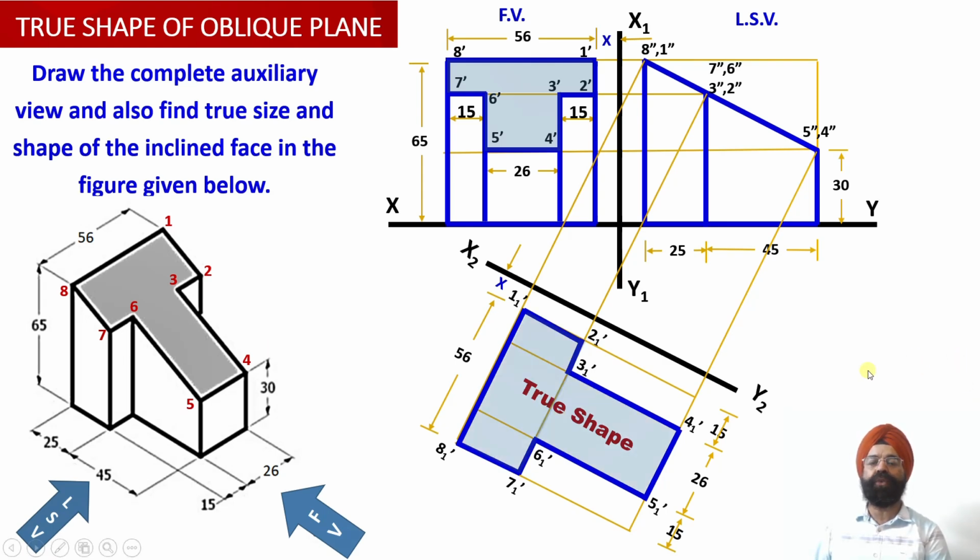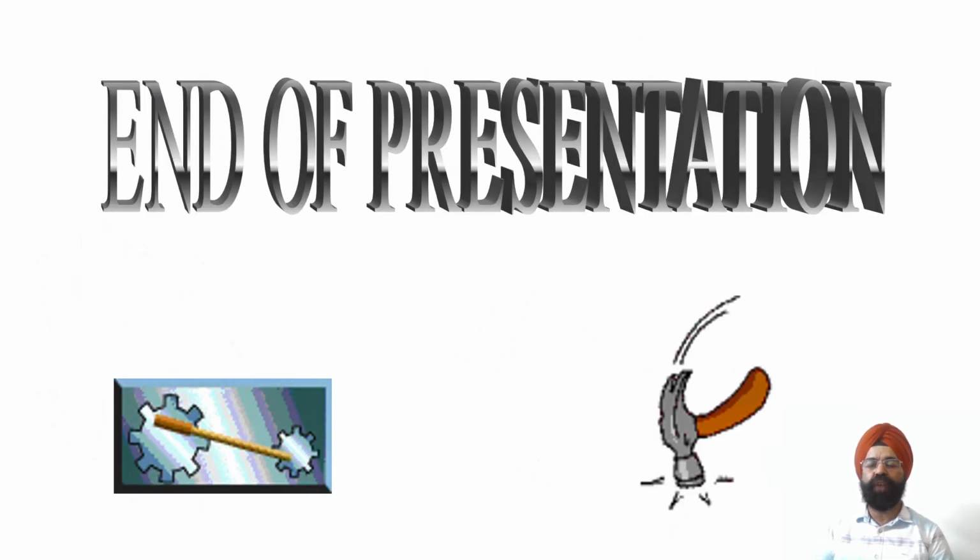So I hope that through this discussion you would have understood the procedure, that how do we evaluate the true shape of an inclined cut surface with respect to any given reference plane using the auxiliary plane method. So this is all for today.